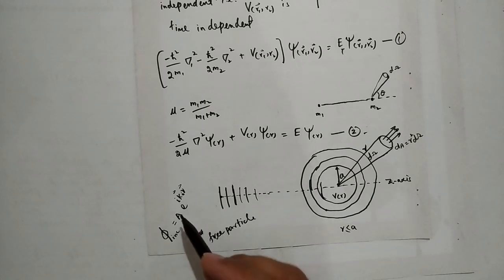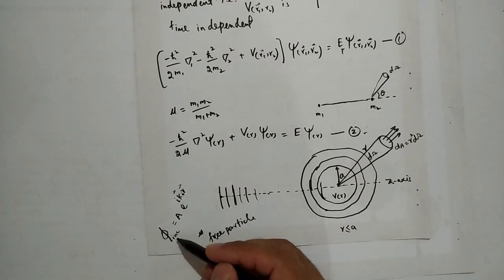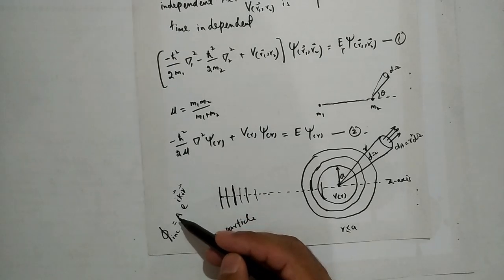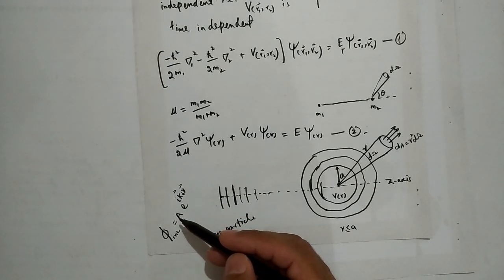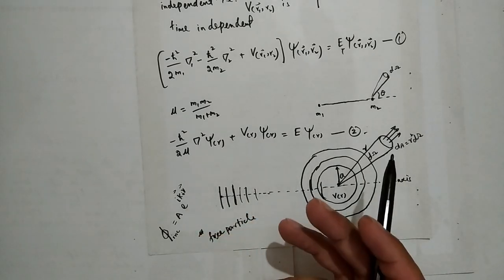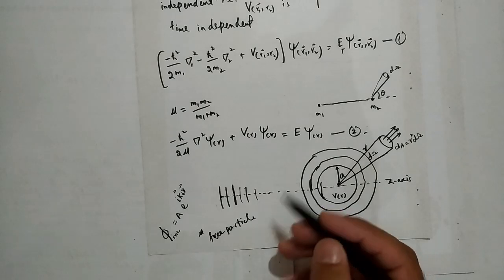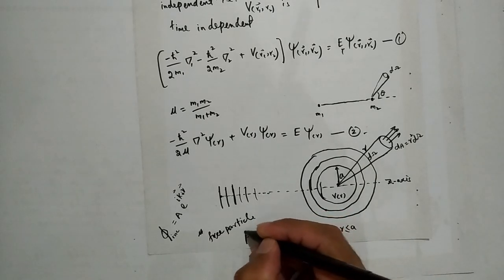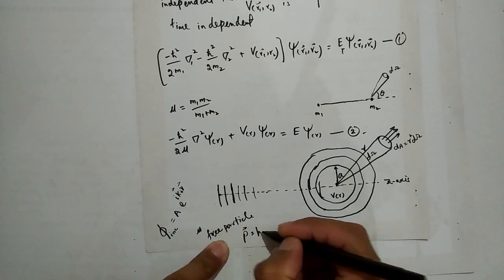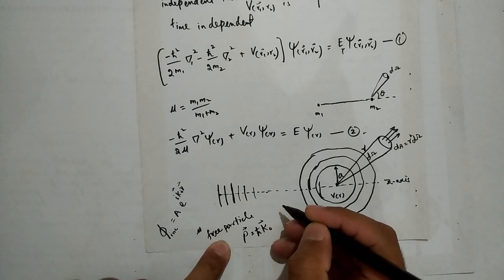The incident wave function is a plane wave, phi incident is equal to a e to the power i k naught dot r, where k naught is the wave vector associated with the incident particle. Here a is the normalization factor. Thus the particles of the incident beam are independent of each other. They move like free particles which have some momentum, let's suppose p is equal to h cut k naught.